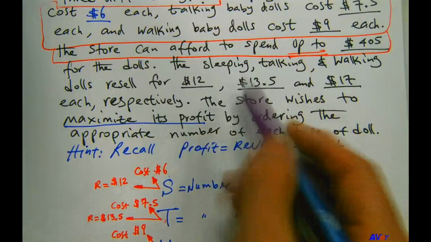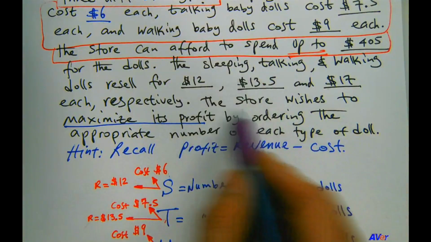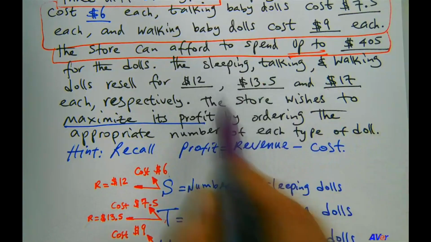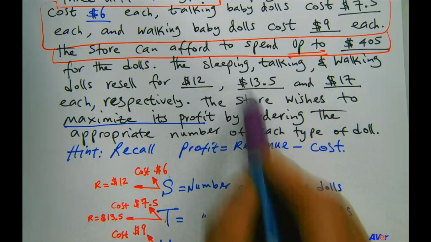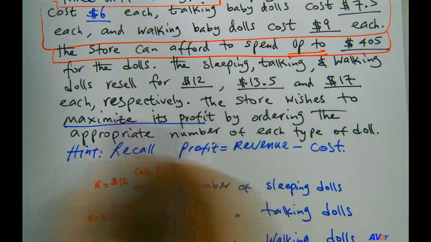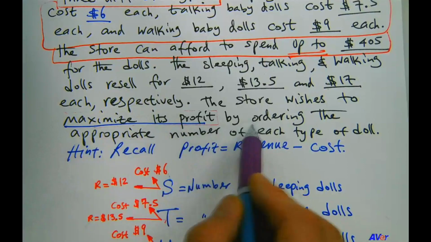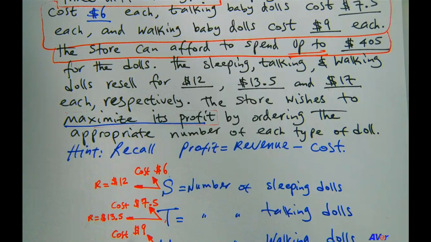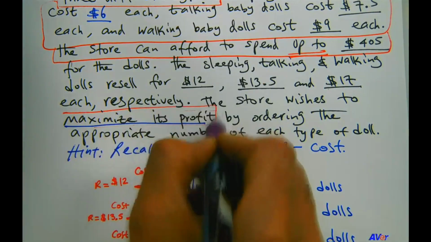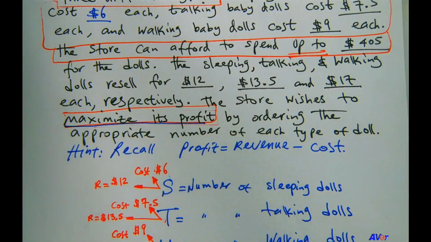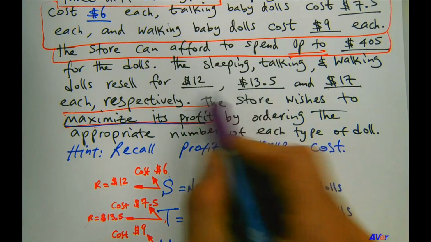We've translated everything here, except this still, we haven't made use of the revenue. The store wishes to maximize the profit. But so we need to, because of this piece, we need to create an objective function for the profit, not revenue, not cost, right? The store owner wishes to maximize profit. Right now, we have the information about revenue.